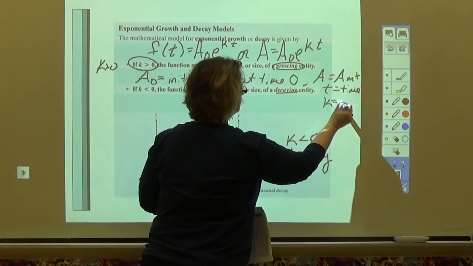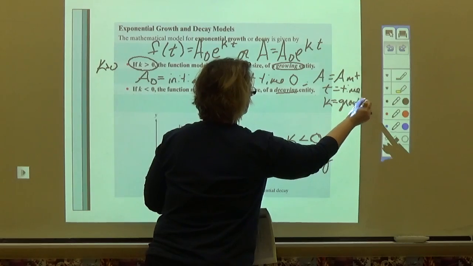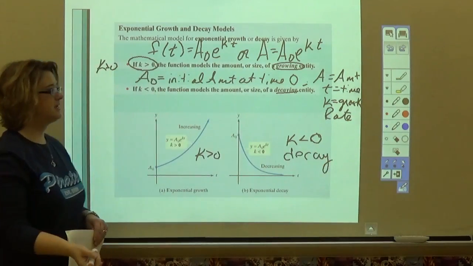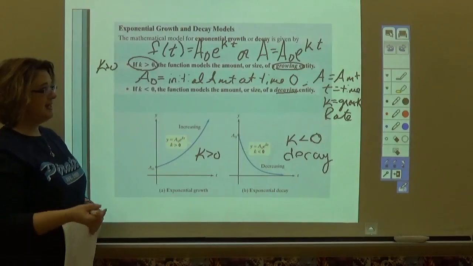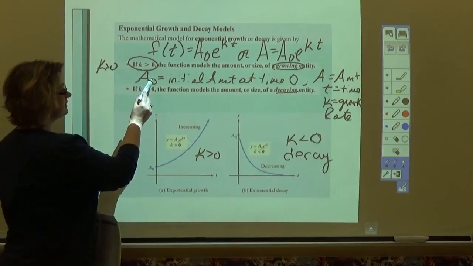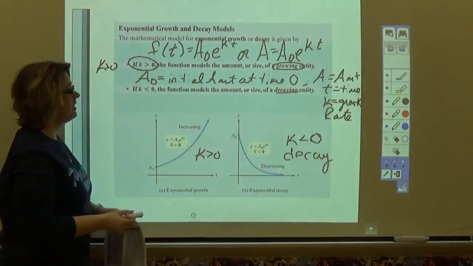And K is your growth rate. So K is the growth rate, T is the time, A is the amount, which you can think of as the new amount, and A sub 0 is initial amount at time 0.